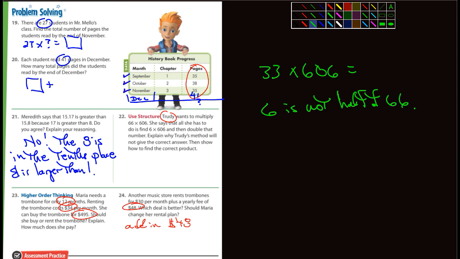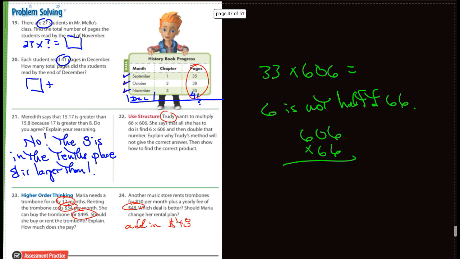Not even close. 33 is half of 66. So if she said she was going to do 33 times 606 and then double that, that would work. So what would she have to do? I'll let you phrase that in your own way. Show how to find the correct product, then you're just going to multiply 606 times 66. And you guys can do that on your own.